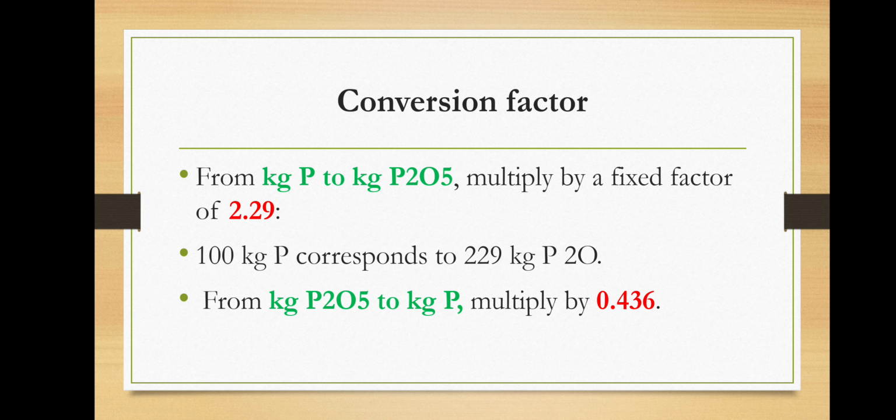Another way to say it is that 100 kg P corresponds to 229 kg P2O5. From P2O5, we know the P2O5 content in DAP is 46%. Then to find the P percent, if we multiply it by 0.436, we will get 20.07 as the answer for P.